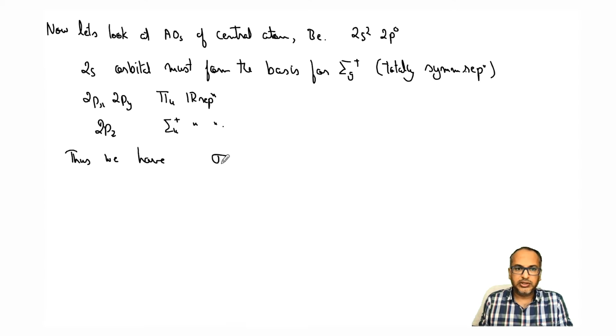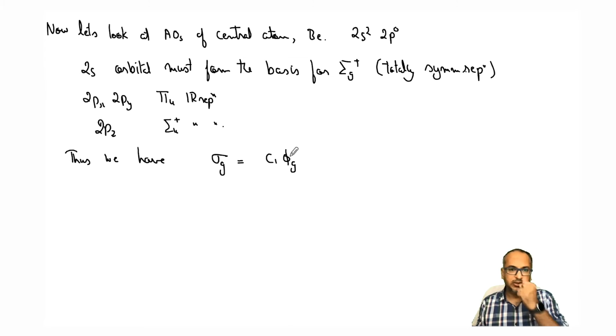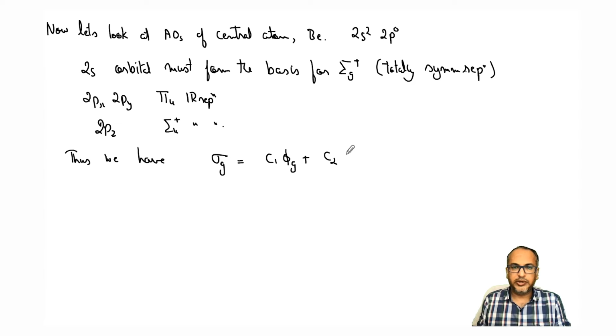let's write down sigma g as C1 times phi g, which is the SALC coming from the two hydrogens. This will combine with C2 2s. Okay, this is the SALC and this is the atomic orbital.